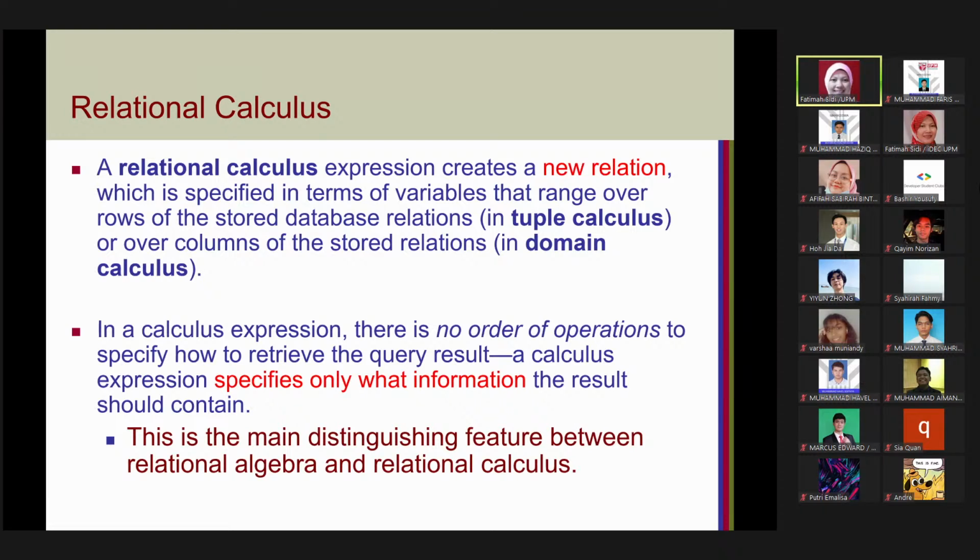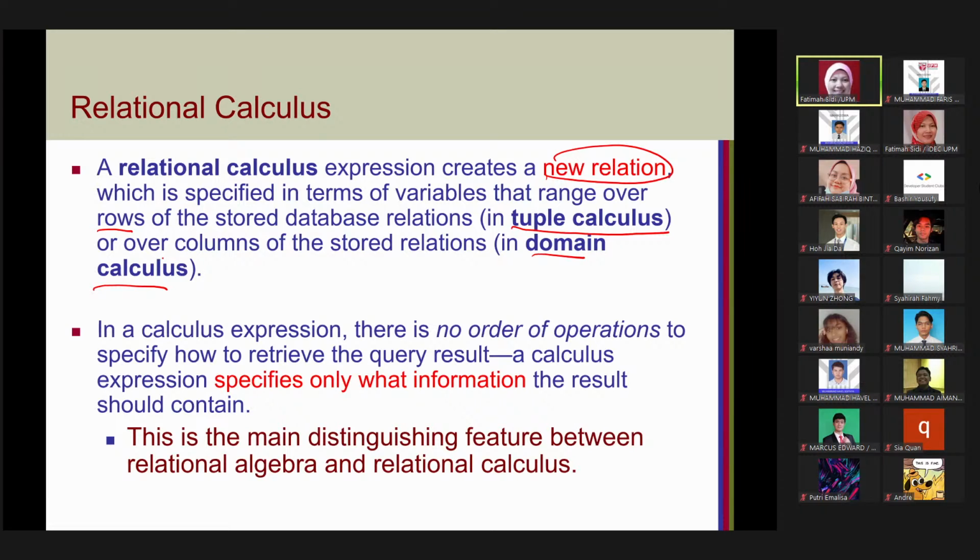So the relational calculus will give you a new relation. That is over rows of the stored database relation, which we call tuple calculus, or over the columns of the stored relation, which we call domain calculus. Remember, when we talk about rows, we are talking about the tuples. When we talk about columns, we are talking about the domain.